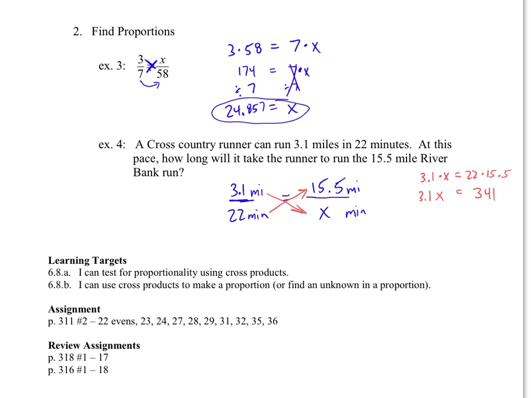You divide by 3.1, so 341 divided by 3.1. So the left side cancels, leaving just x equals 110.